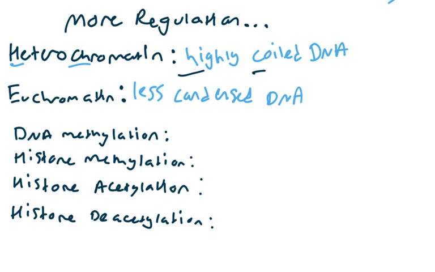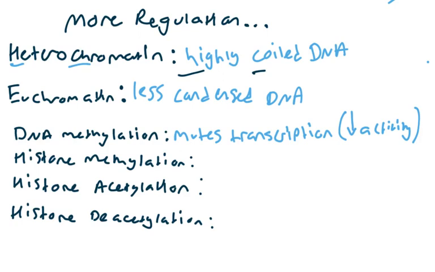So DNA methylation, and I want to preface this with, whenever you see the term methylation, it's generally going to mean to mute. So DNA methylation, when we methylate our DNA, we add a methyl group to DNA, it mutes transcription. Okay, so we get a decrease in activity. And that's true for most of methylation.